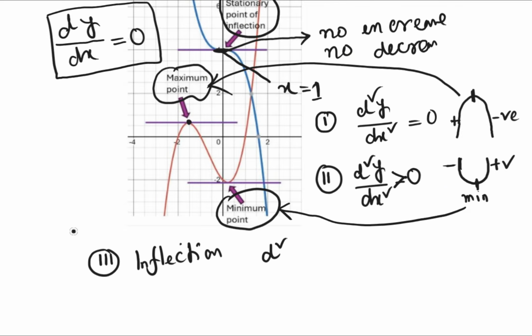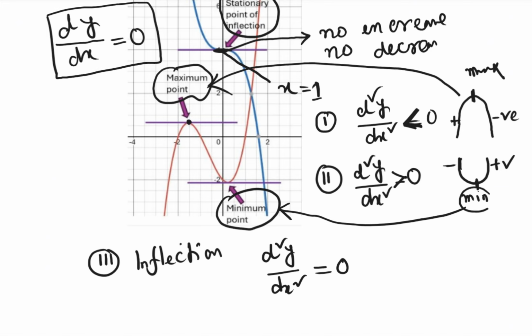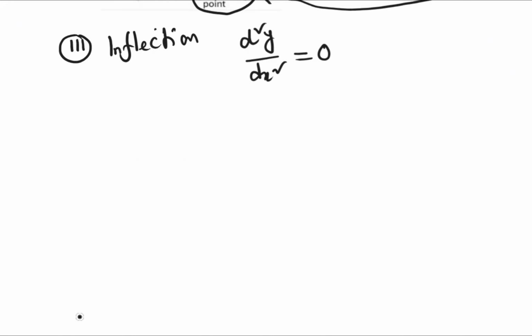The condition is that the second order differentiation d²y/dx² should be equal to 0. Here we actually made a mistake earlier: for the maximum it is less than 0, and when it is greater than 0, we have the minimum value.